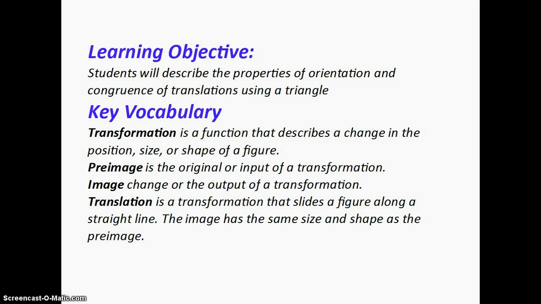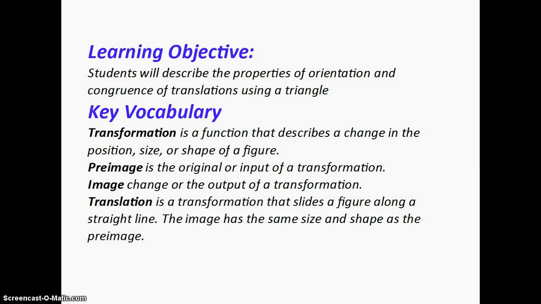Some key vocabulary: transformation, which is a function that describes the change in the position, size, or shape of a figure. Preimage is the original or input of the transformation. Image is the change or the output of the transformation.